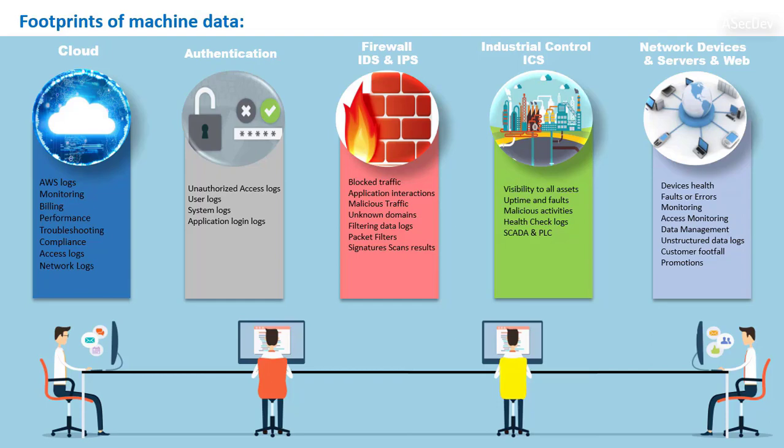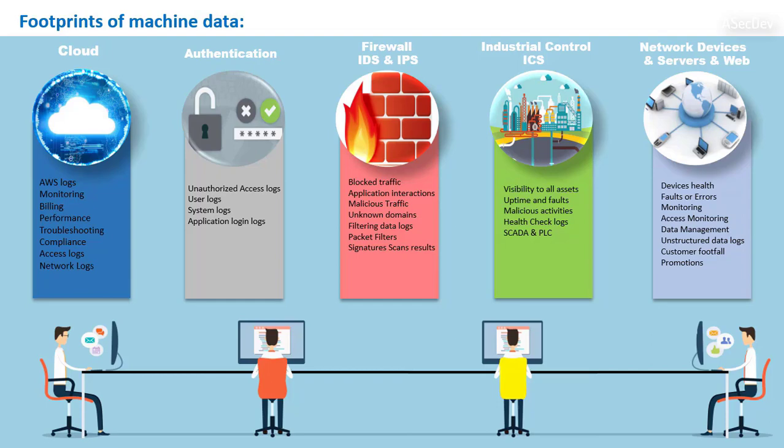Industrial control, so you call it ICS, that is industrial control systems, and now machine data is actually helping in better management of ICS. It gives you visibility to all assets, then the uptime and faults in it, malicious activities, malicious traffic, you can track through it, and even the health check logs, how your particular component is performing.